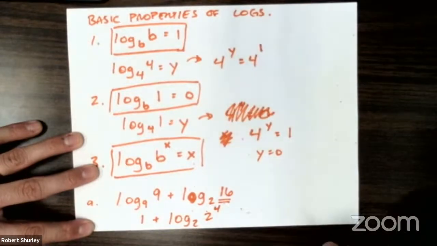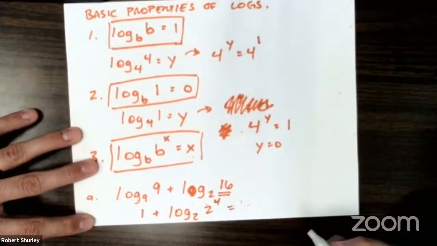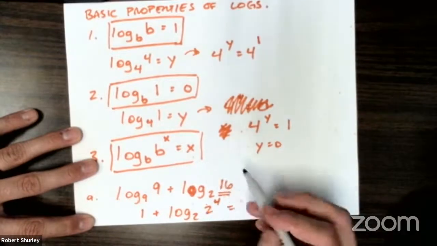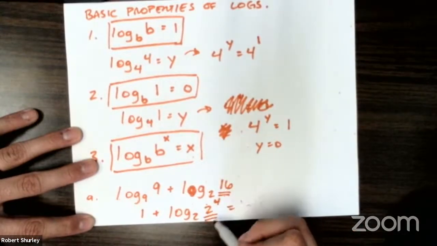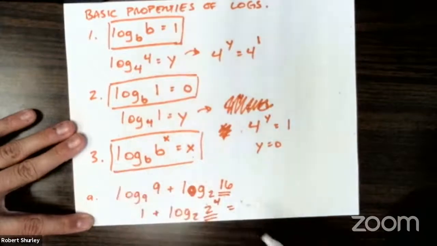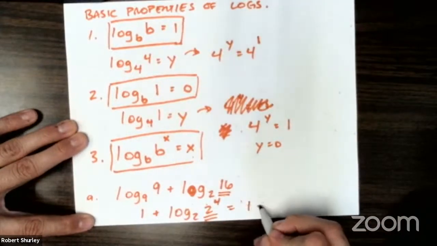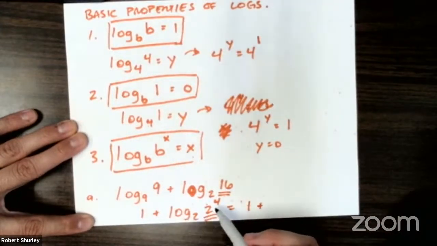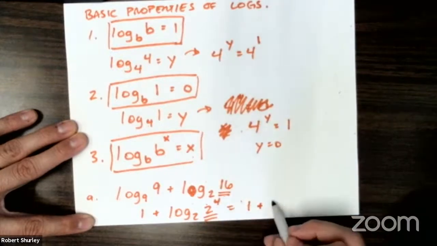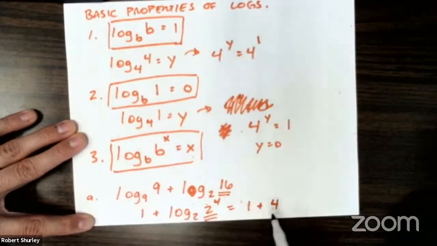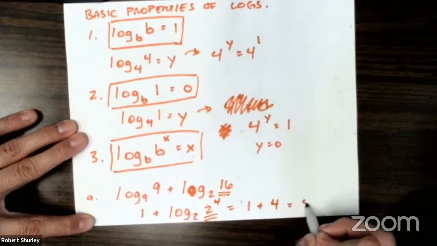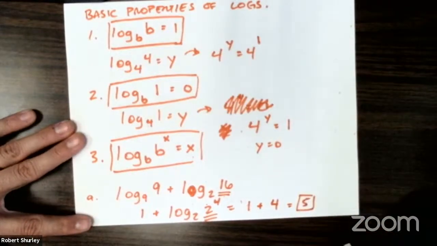So 2 to the 4th is 16. Those are the same number. And then I can use this third property. Don't forget the 1 plus log base 2 of 2 to the 4th. Well, that's just 4, because that's what the third property says. 1 plus 4 is 5. Okay?